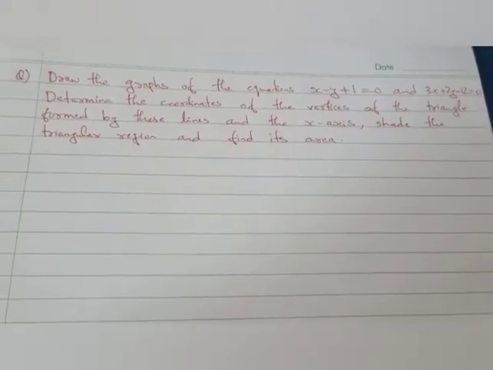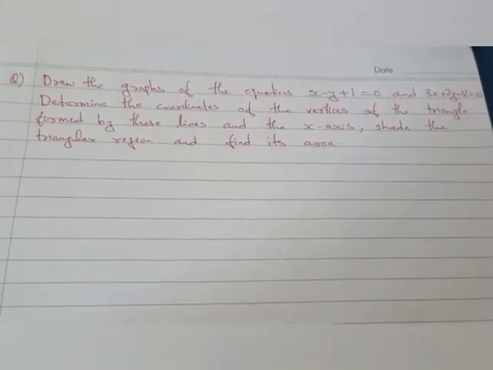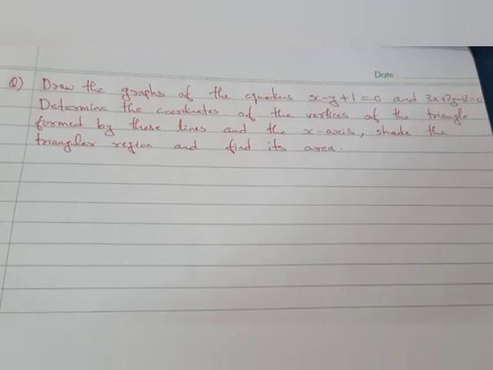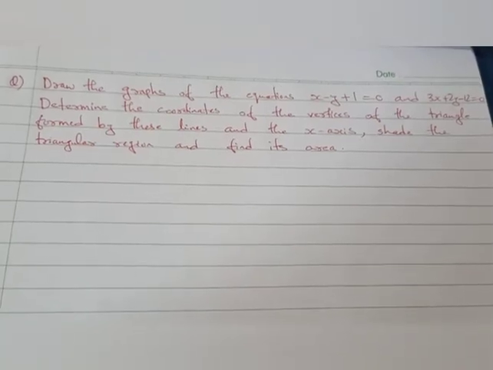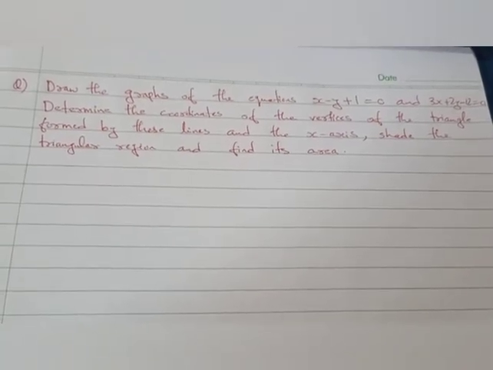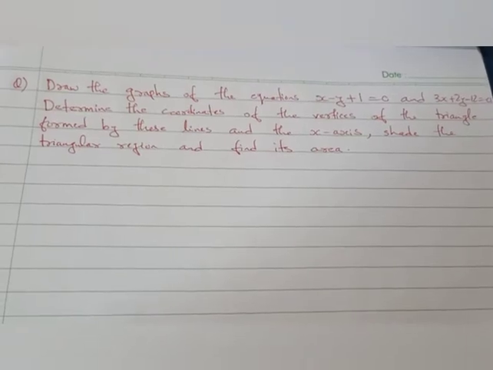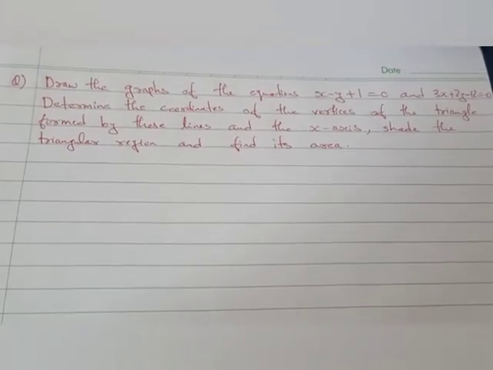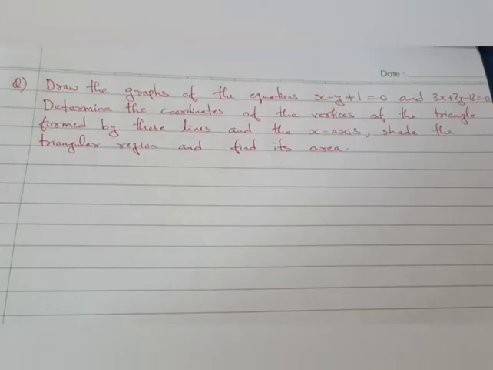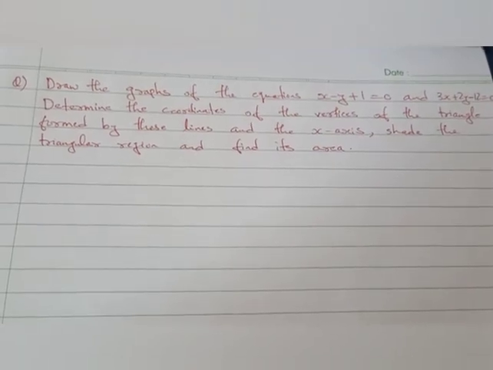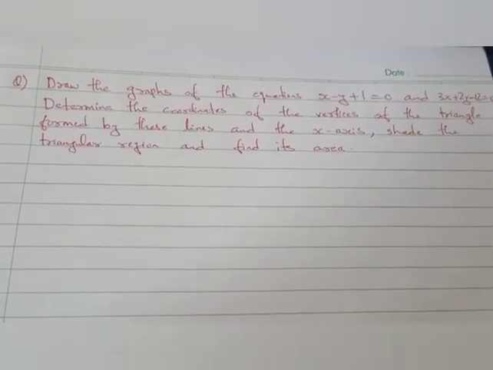Now moving on to the next question, we need to draw the graphs of the equations x minus y plus 1 equals to 0 and 3x plus 2y minus 12 equals to 0. We also determine the coordinates of the vertices of the triangle that will be formed by these lines, the lines that we will derive from the given equations, and the x-axis.